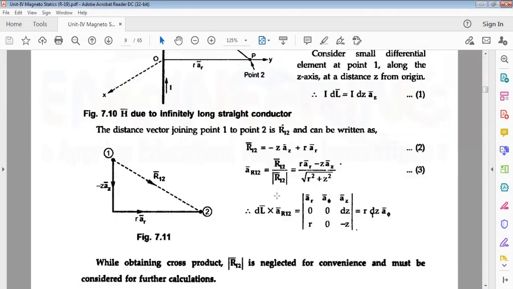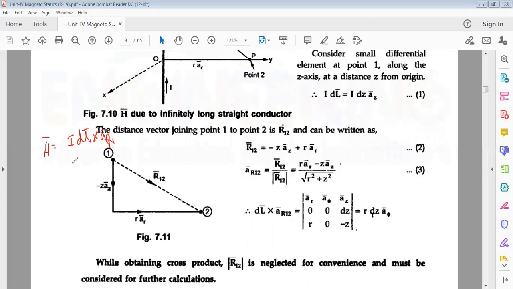Now in the numerator, to find the magnetic field intensity, we need dl bar cross a_R bar. So H bar, for the line integral, is I into dl bar cross a_R bar.